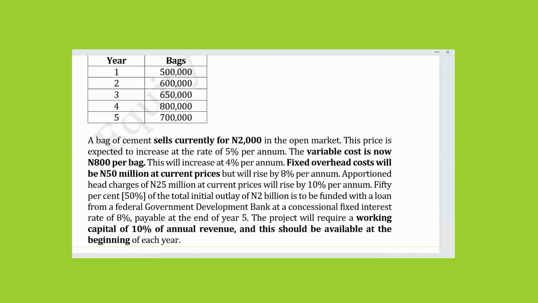So when you are told in a question that cash flows are stated in today's prices or current value terms, you should know that it is real cash flow. If you are given a real cash flow, it means the examiner wants you to convert it to money cash flow. All right, I will show you as we begin to solve. I will be demonstrating how to convert real cash flow to money cash flow.